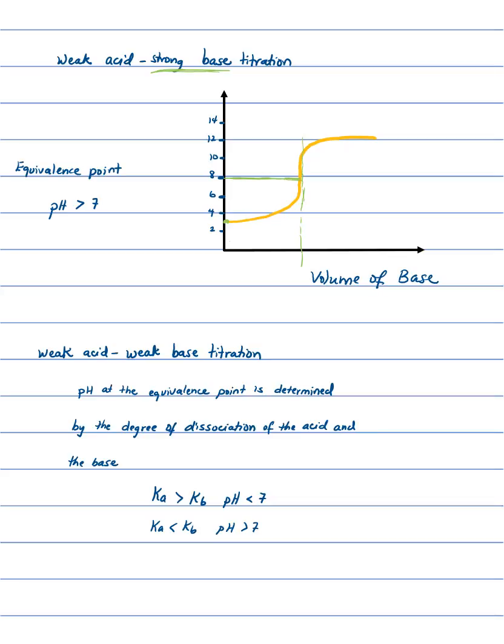So you have more hydronium than hydroxide in that solution. So whenever the Ka value is larger than your Kb, the pH at the equivalence point will be acidic, or below 7. Whenever the Kb value is larger than the Ka value of your weak acid, then the pH value at the equivalence point will be above 7.